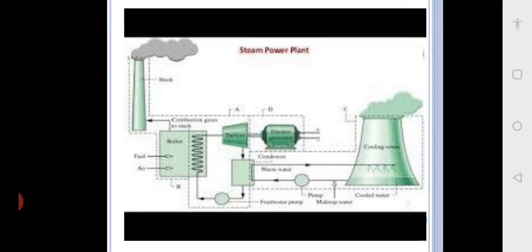In this cooling tower, the water is cooled and the temperature reduces, and there is around 3 to 5% of evaporation also, and this water is lost in the form of steam. So these steam power plants work on the Rankine cycle.